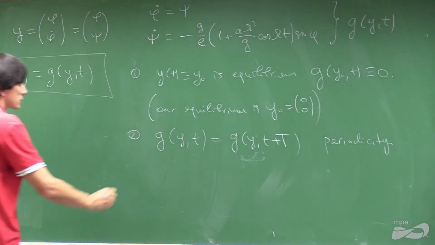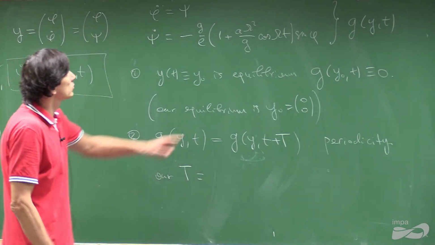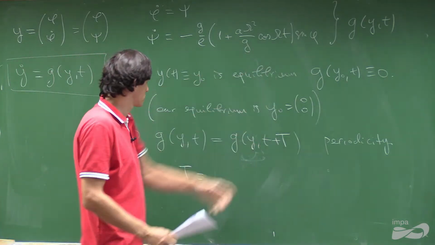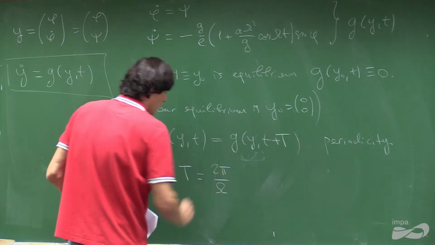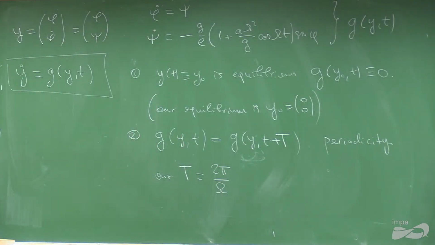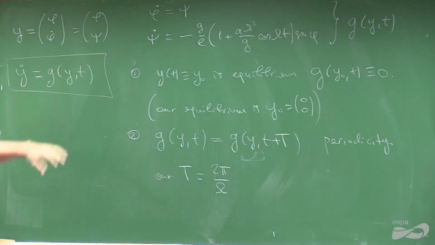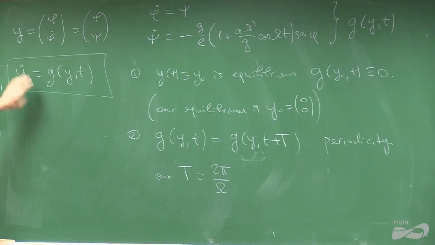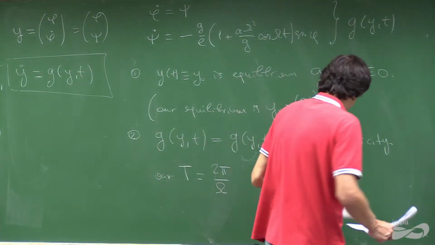In our case, our period comes from cosine, so it's just 2 pi over omega. So these are two conditions, and under these two conditions we have to solve this system, and we will do it generally. We will not just apply it to this system. Later we will consider this system, but for now we will just see general properties of that equation.